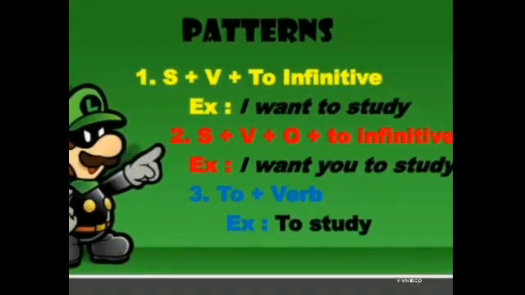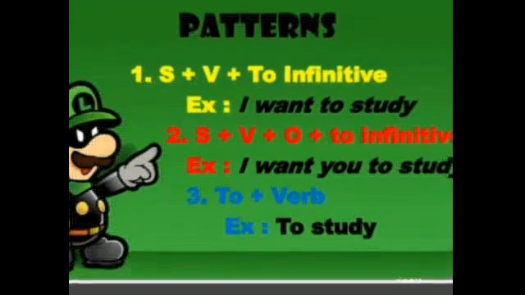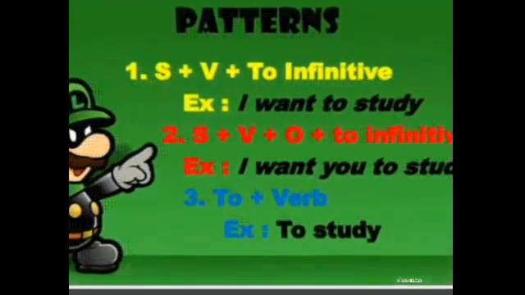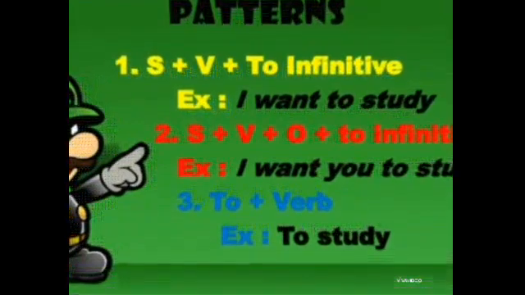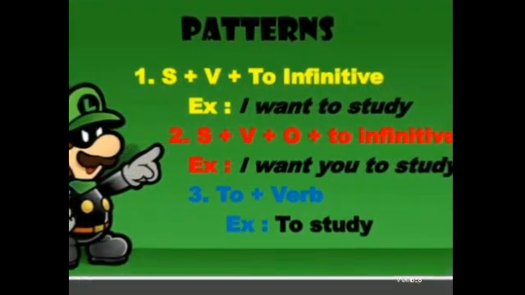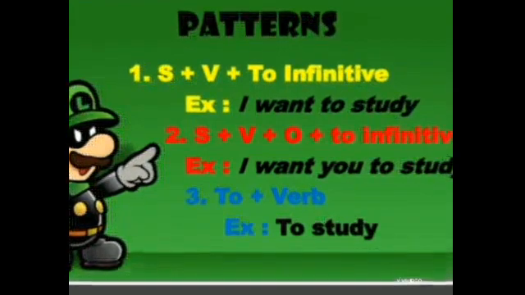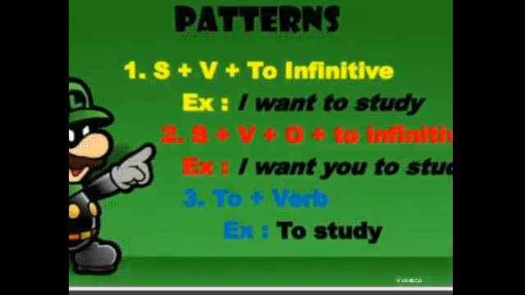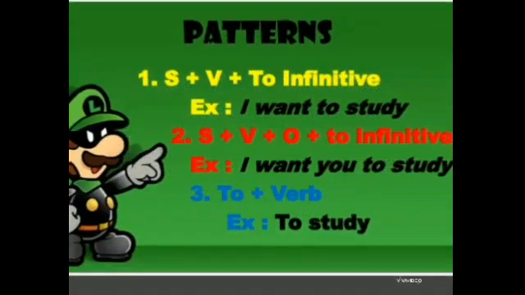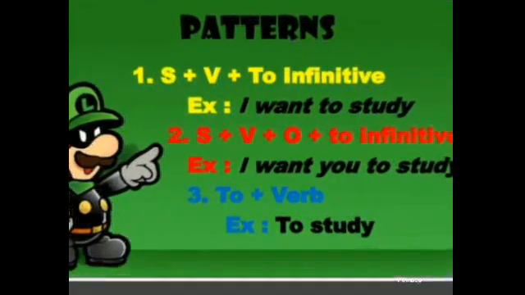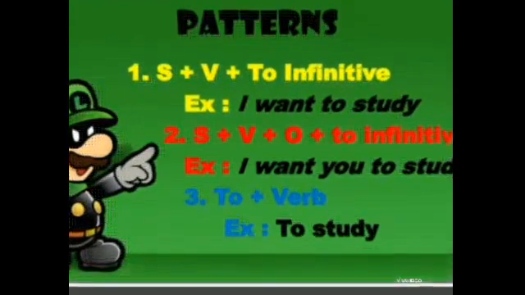Subject plus verb plus object plus to-infinitive. I want you to study. I is the subject, want is the verb, and the object is you. To study is the infinitive.